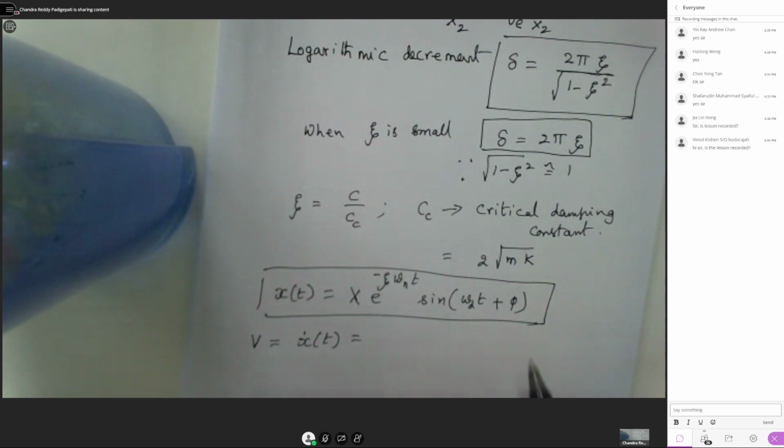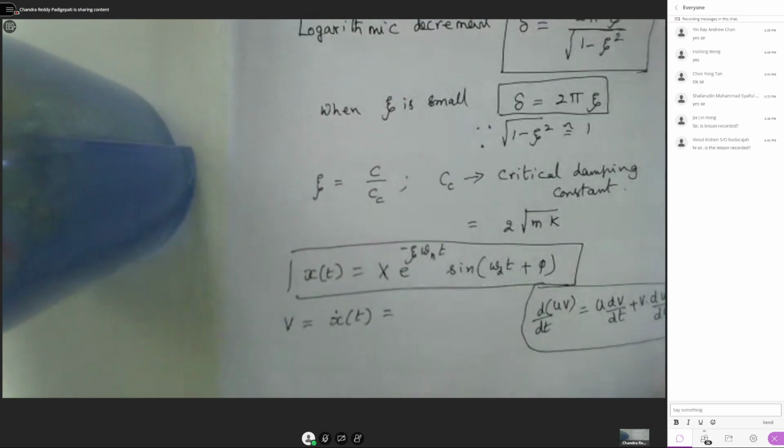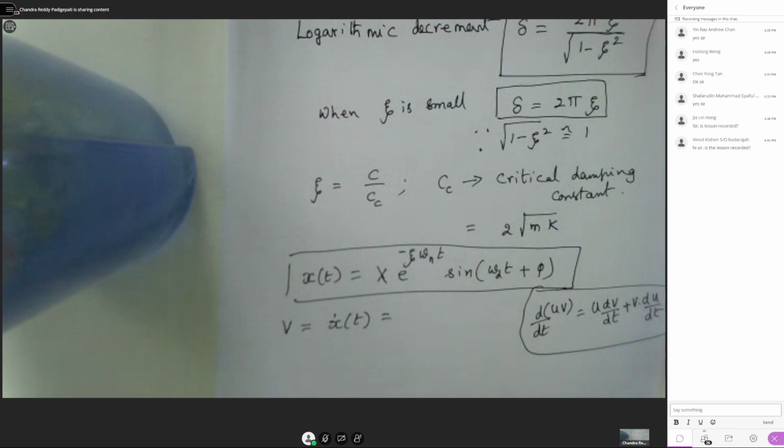Product rule means d by dt of u v is equal to u dv by dt plus v du by dt. So you need to apply the product rule here. Guys, online you may try. I'll give you a few minutes to work on this.